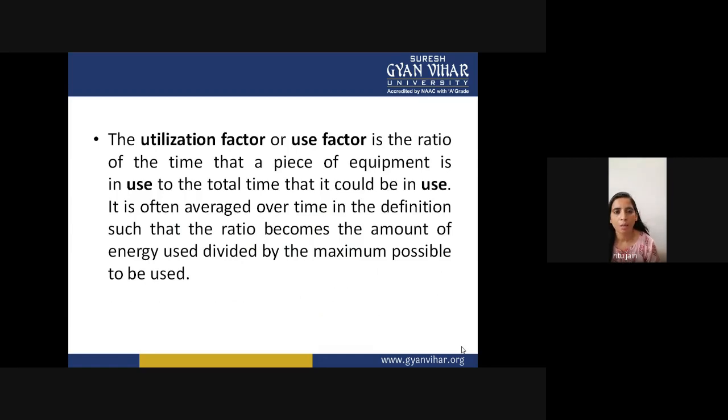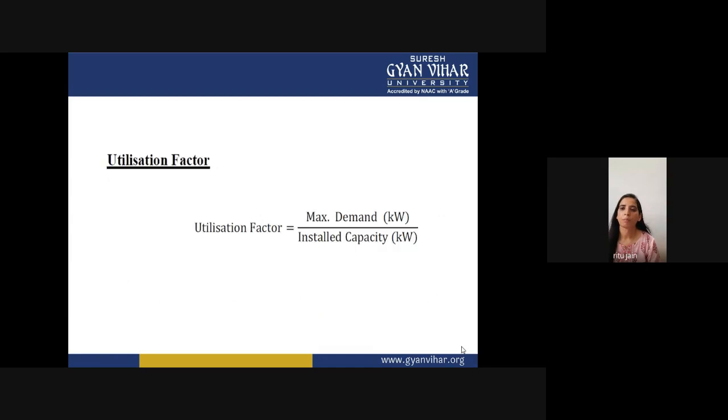We will take an example by which you will be able to understand the utilization factor. The formula for utilization factor is equal to maximum demand in kilowatt divided by installed capacity. For example, if a plant has a maximum demand of 100 kilowatt, and its installed capacity is 200 kilowatt, then 100 is divided by 200, that is always less than 1. Like this, we can easily calculate the utilization factor.